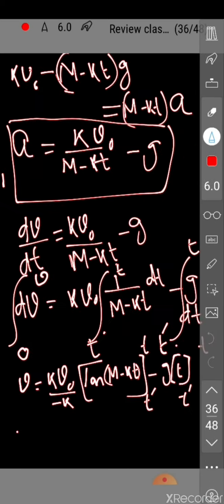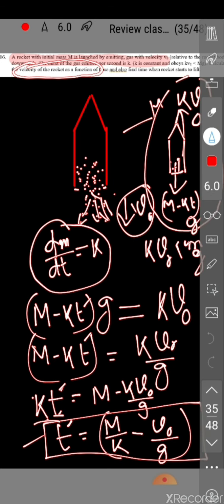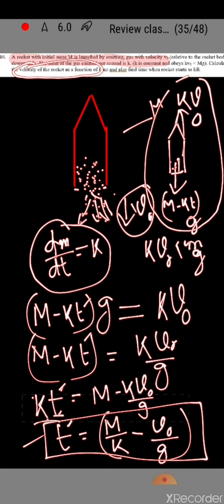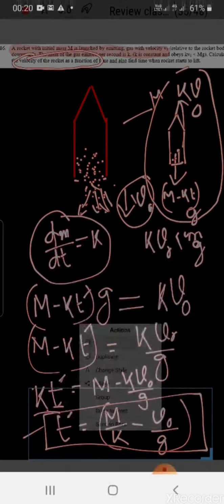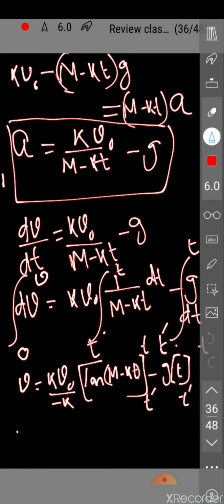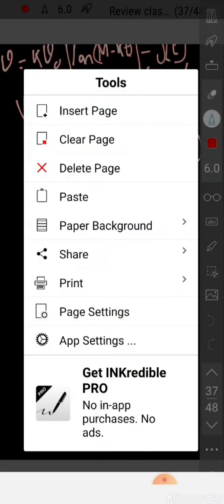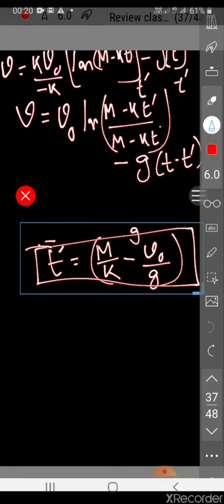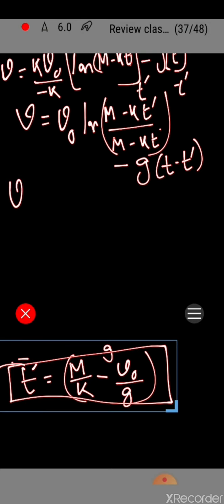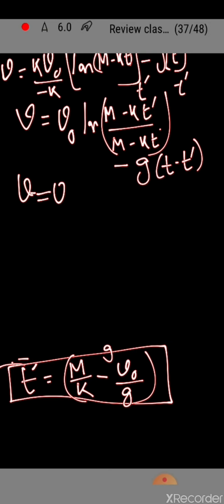This is the velocity. The t dash value is known to us. If we go back and check, t dash we calculated as m by k minus v naught by g. I'll copy this and paste here. Substituting this t dash value, I'll get v equal to v naught ln of m minus k t dash.